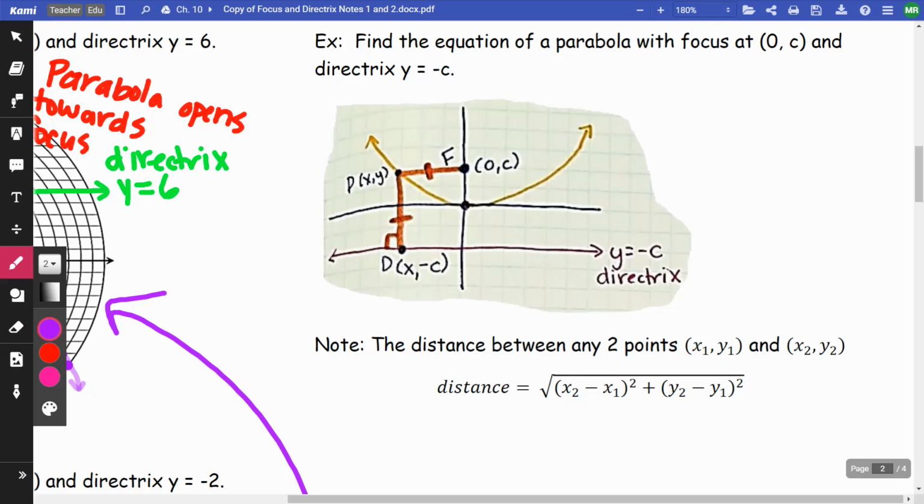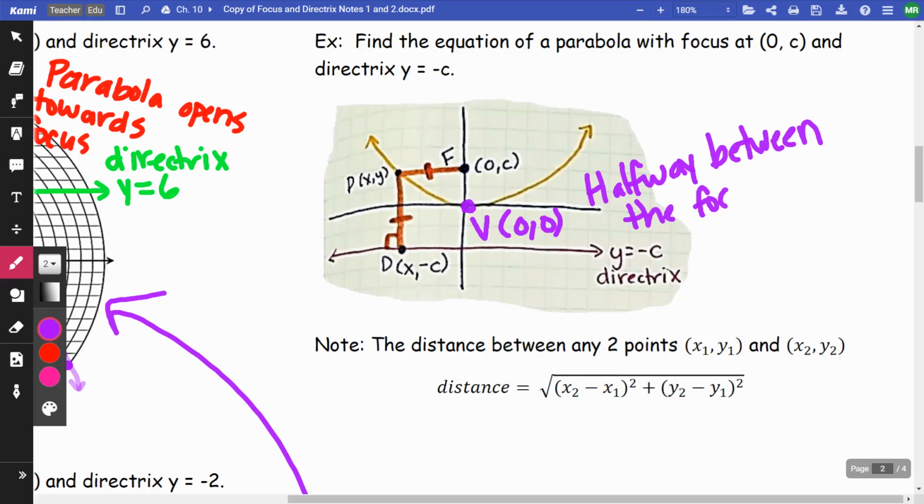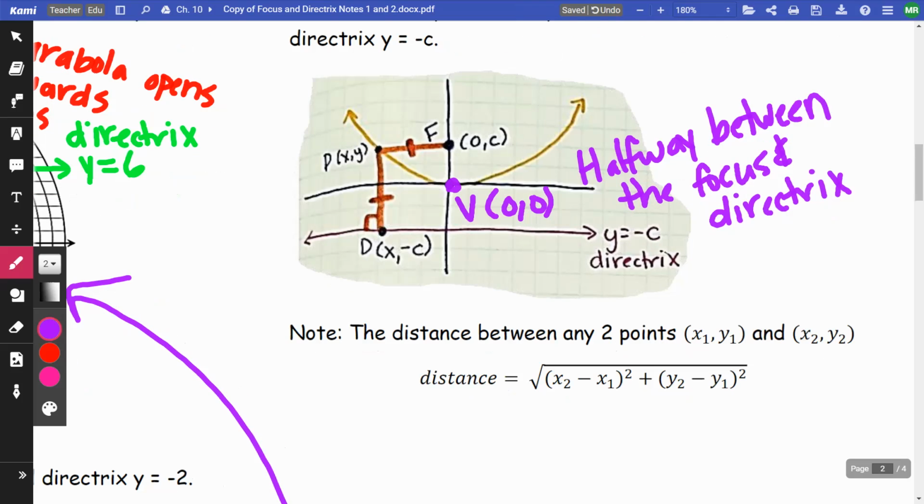Okay, so right here, my vertex is going to be 0, 0 because it's halfway between focus and directrix. Now we're going to use the definition to come up with our equation.